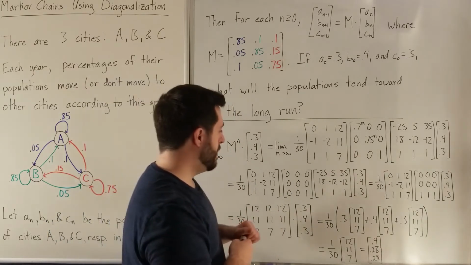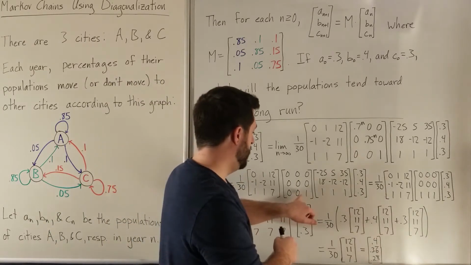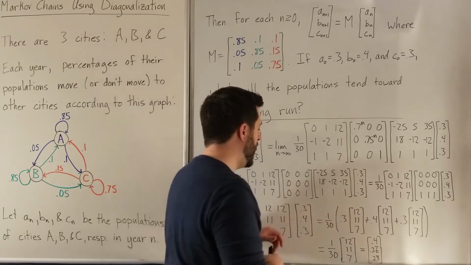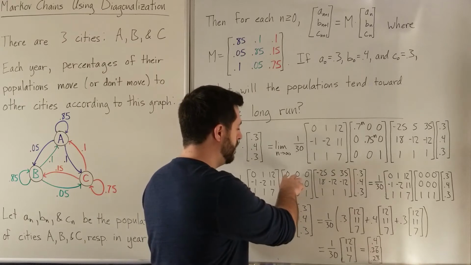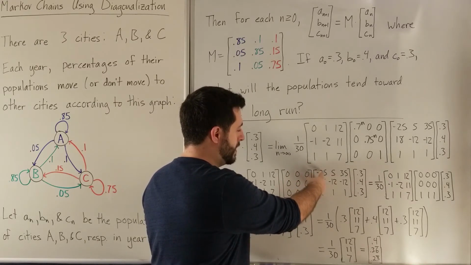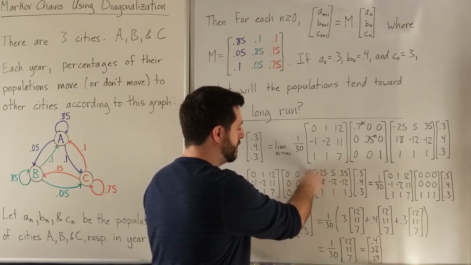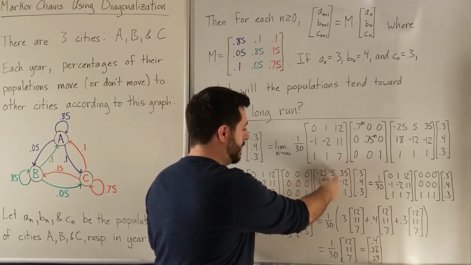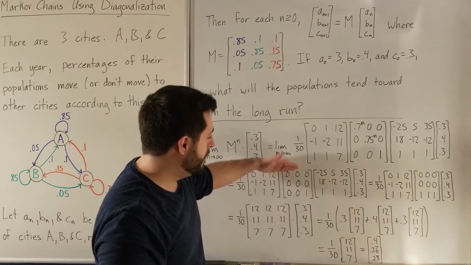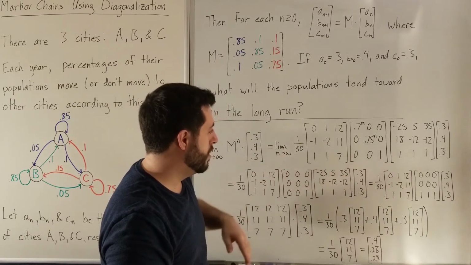The next step is to multiply this fairly simple matrix by this matrix. When I take 0, 0, 0 and dot it with this, it's just going to give me zeros. Dotting it with this is going to give me 0, dotting it with this gives me 0, and that happens for every entry in the first two rows.